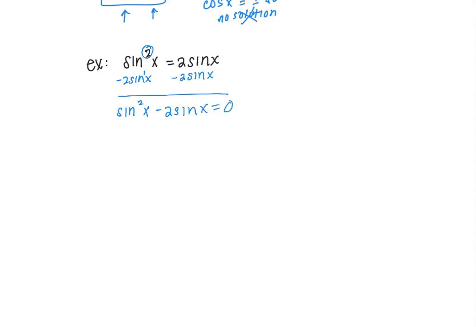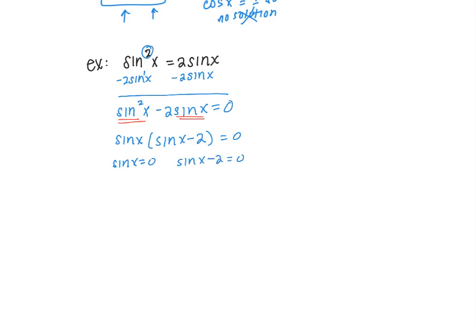Now I can look for a common factor. I notice they both have a sine in them. So I'm going to factor out a sine x, and then I'm left with sine x minus 2. And it's in factored form, so I can set each factor equal to 0. Sine x minus 2 equals 0.